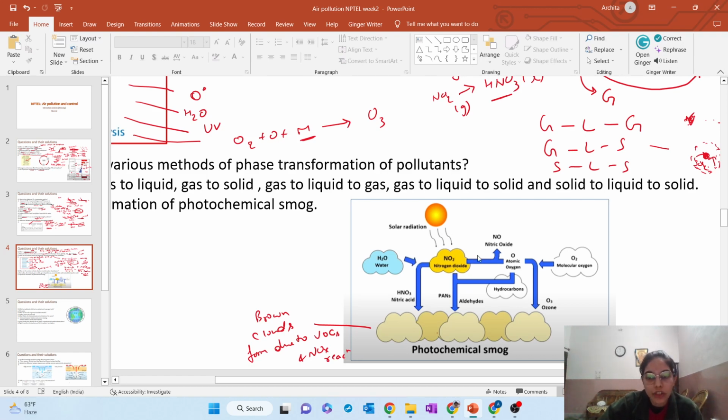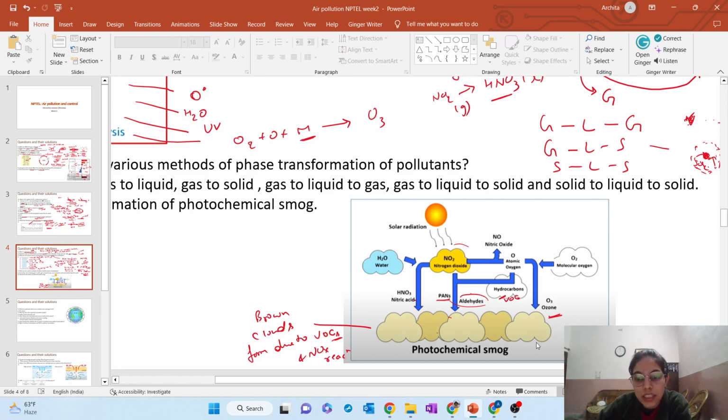So we have nitrogen dioxide, and aldehyde can be from these VOCs. This nitrogen dioxide in the presence of sunlight and water can form HNO3 or peroxyacetyl nitrate. These hydrocarbons are these VOCs. It can also help in the formation of ozone and all these particles. Whatever the NO2 is forming after reacting with VOC forms a thick brown layer on the surface, and that layer is called photochemical smoke.